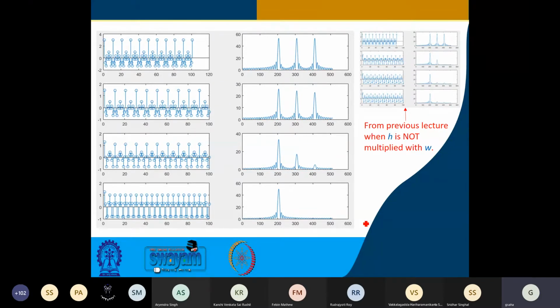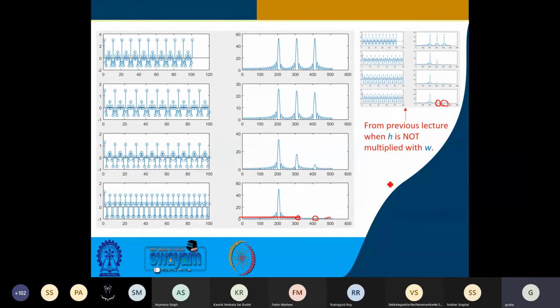Then here you see the values over here, the values over here, right? How is it related to the previous? It is related to the ripple and also the stop band attenuation part. You can see this level and the level over here. So that also you can see.